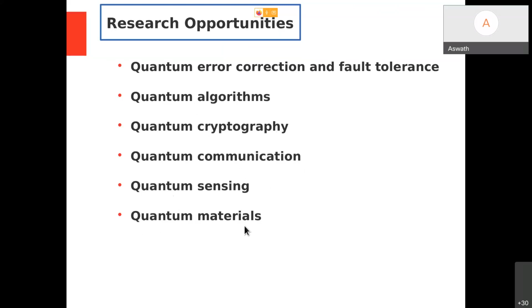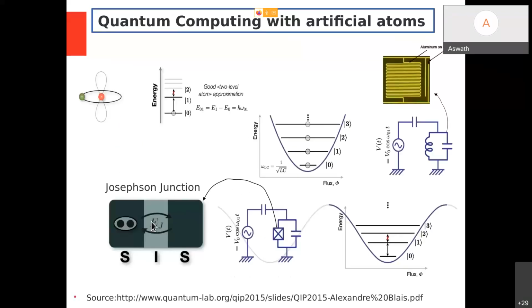Okay, quantum materials is in a way hardware research. So obviously people are working on getting novel materials which can exhibit superconductivity at room temperature, because the Josephson junction we are talking about consists of superconductors which need cooling to millikelvin, right?